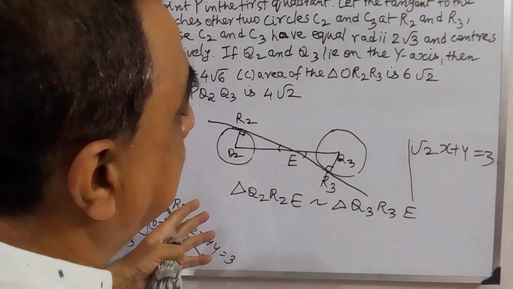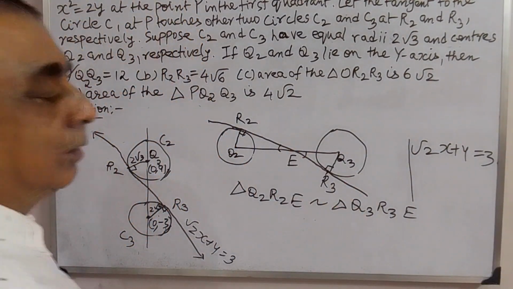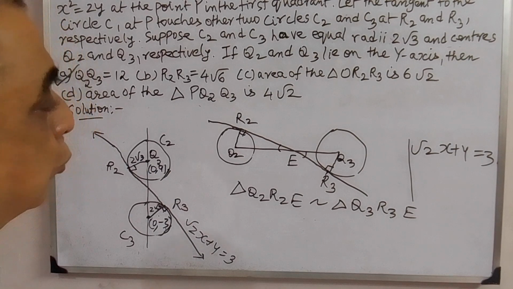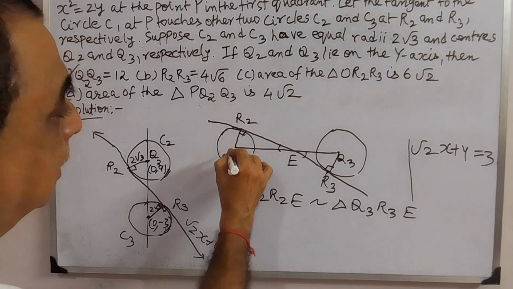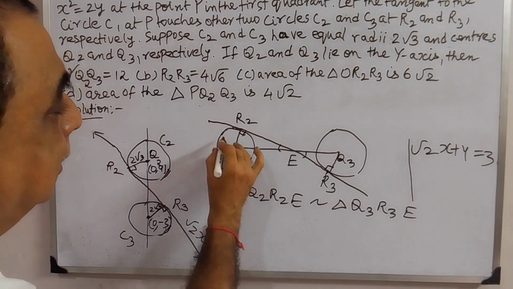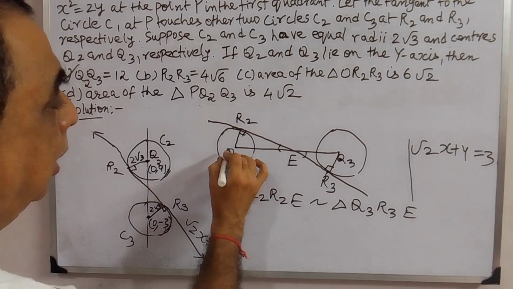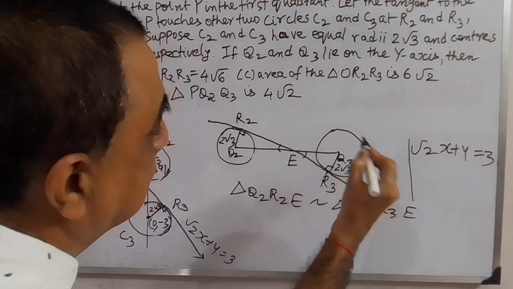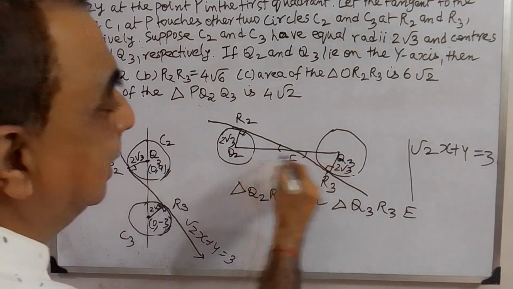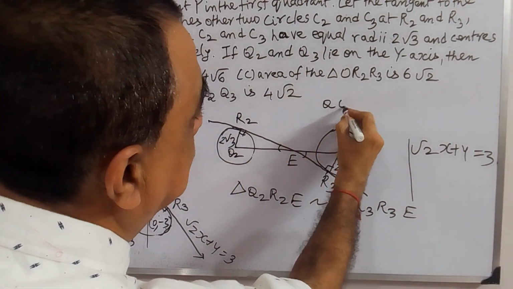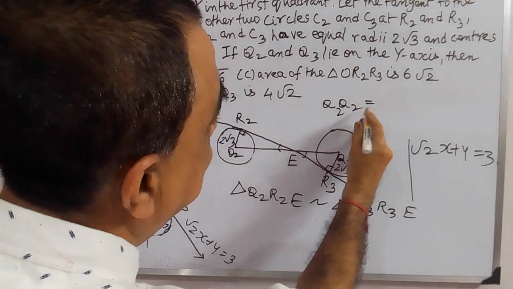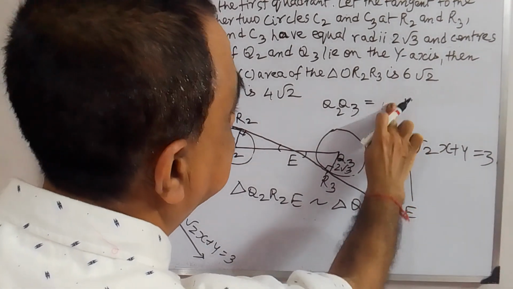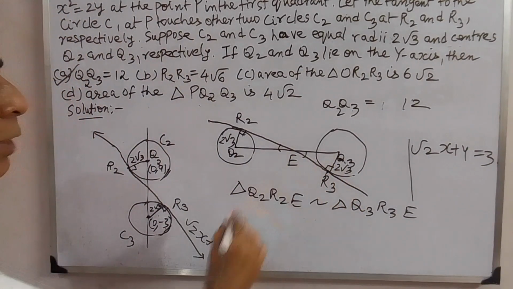So when two angles are equal, the triangles are similar. Now Q2 R2 here is 2 root 3, and Q3 R3 is also 2 root 3, and the distance between Q2 and Q3 we have already found out is 12.